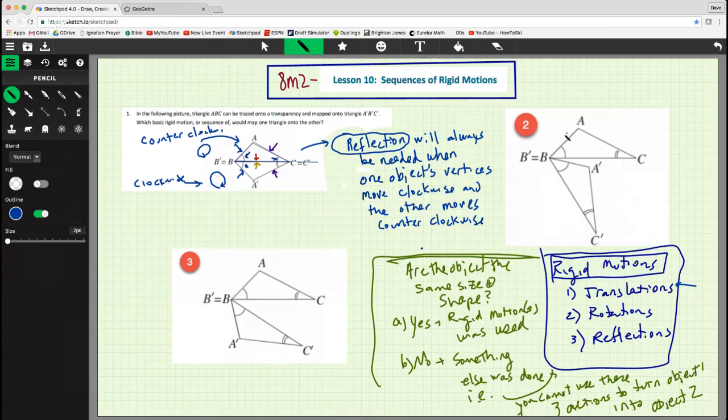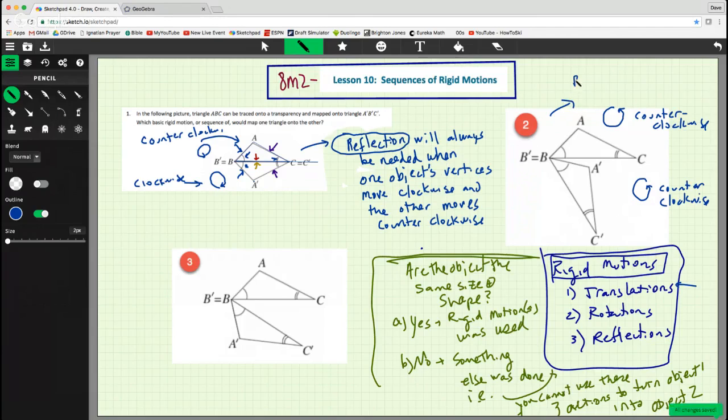Our first triangle, ABC, is read in a counterclockwise direction, and so is this one. The second one, you read A, B, C like this. So this one also goes in a counterclockwise direction.